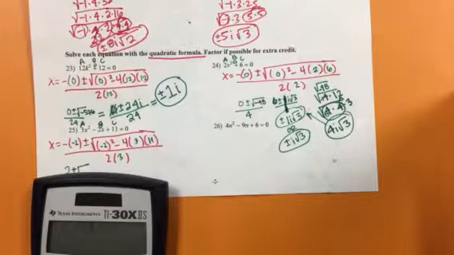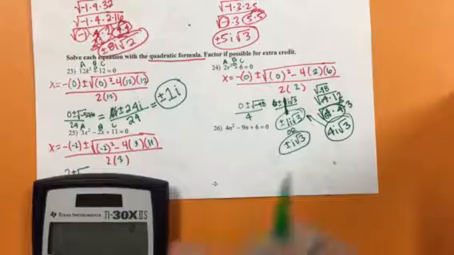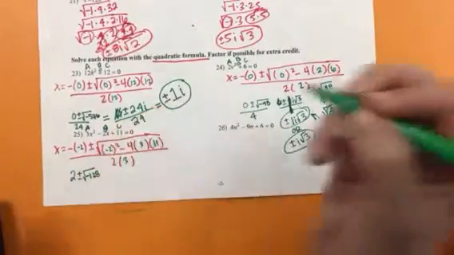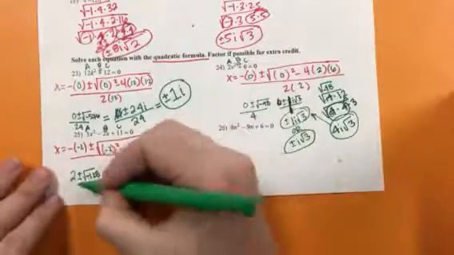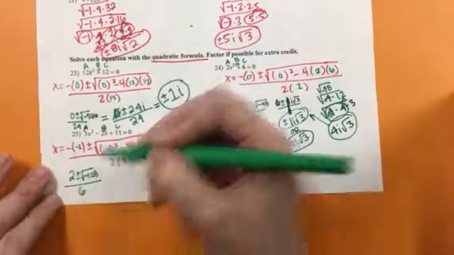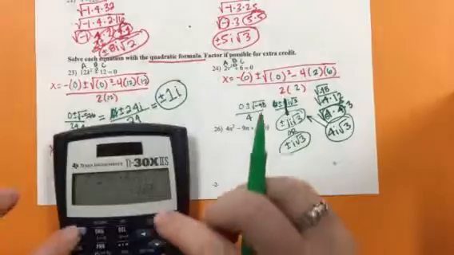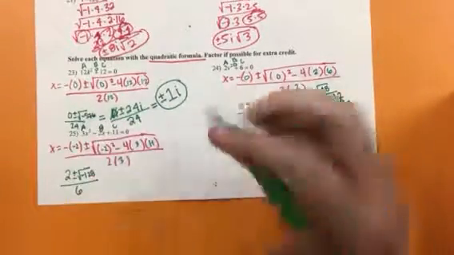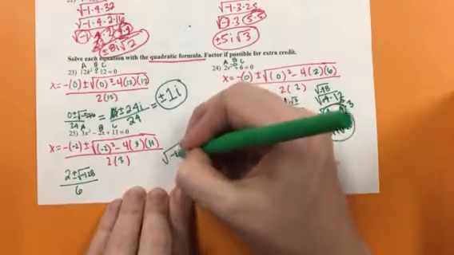Negative 2 squared minus 4 times 3 times 11 equals negative 128. All over 2 times 3 is 6. If I check to see, the square root of 128 is a decimal, which means I need to reduce it.